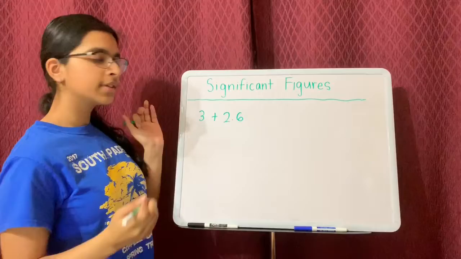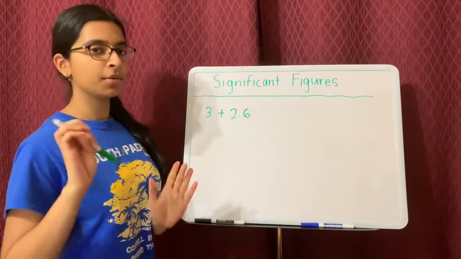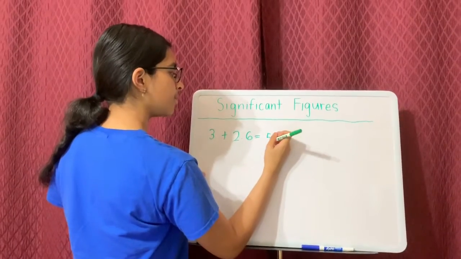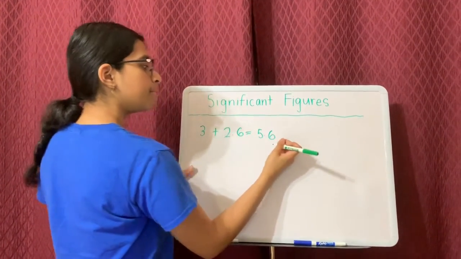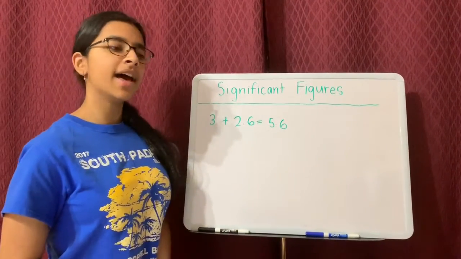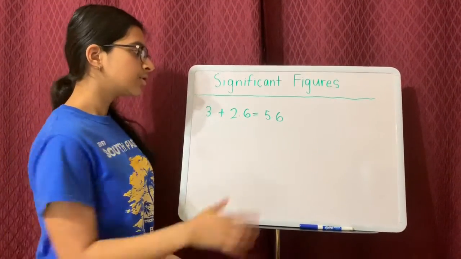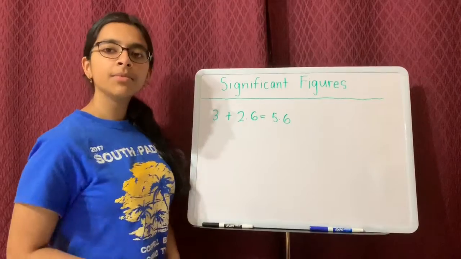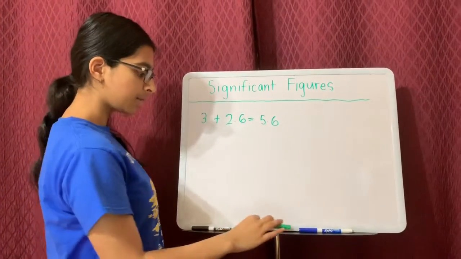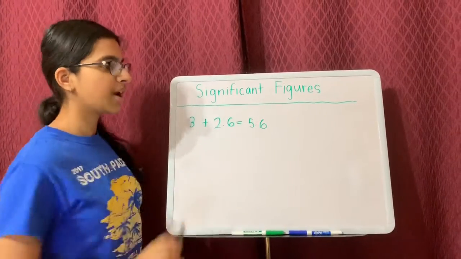Done normally with no Sig Figs involved, this would be equal to 5.6. But now when we have Sig Figs, the rule for addition and subtraction is that we give the answer rounded to the same number of decimal places as the number with the least number of decimal places out of all the numbers you're adding.